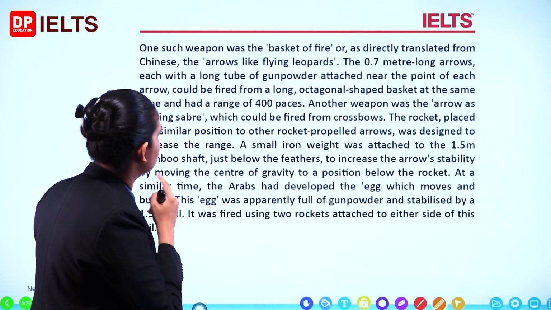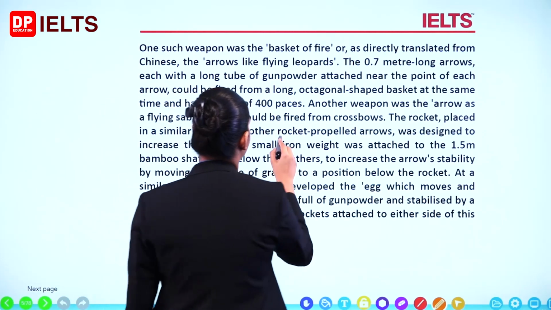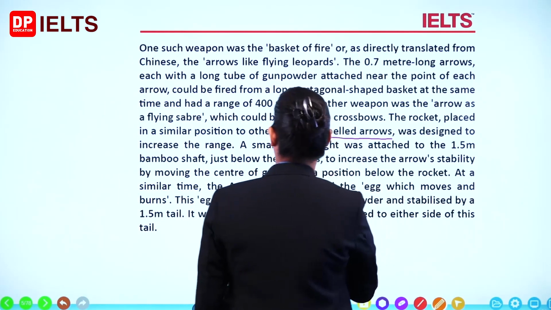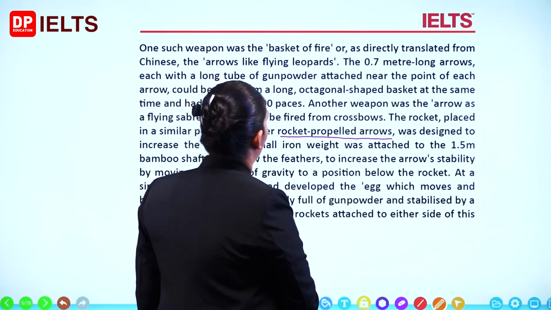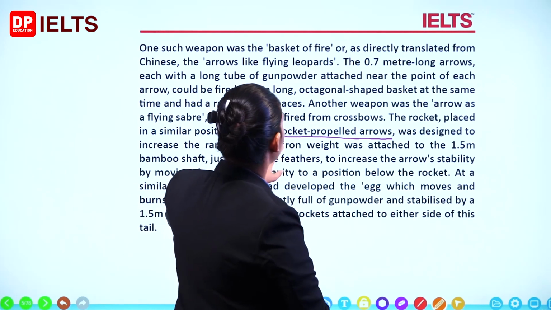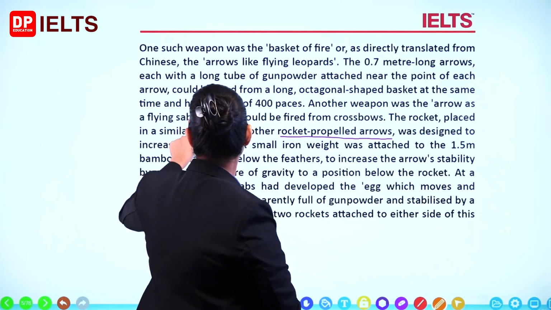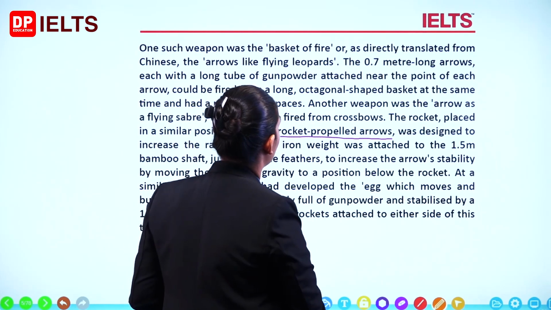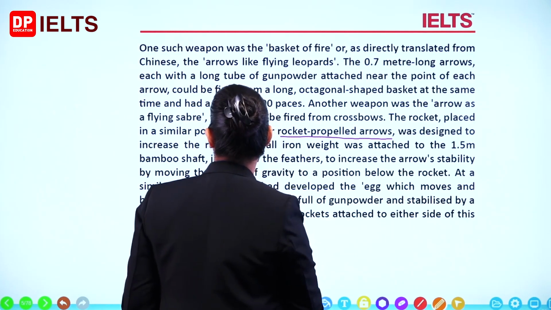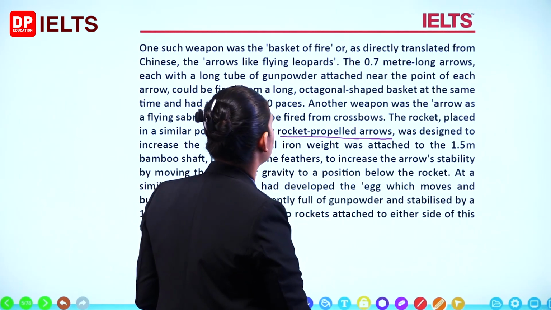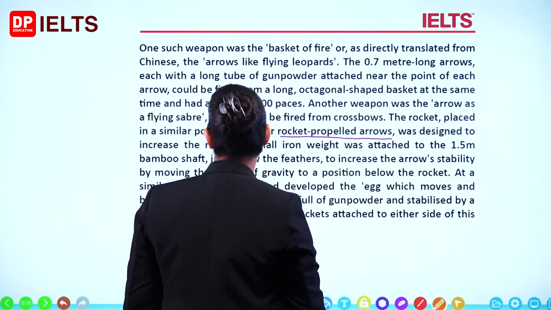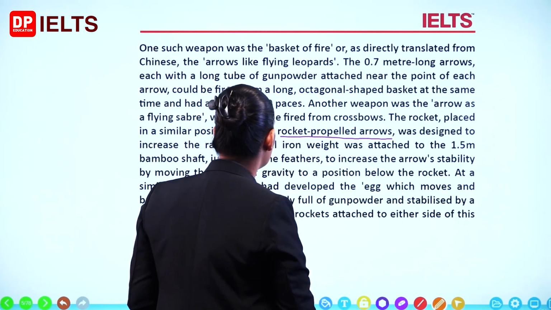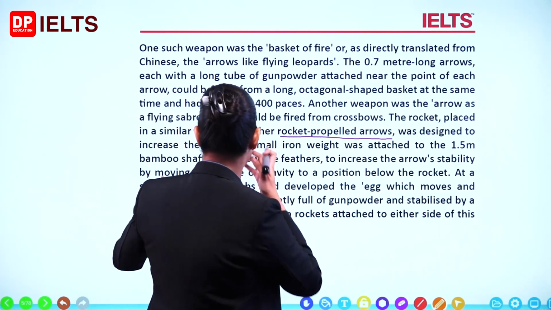We have to see. Here. So let's read. Another weapon was the arrows as flying sab, which could be fired from crossbows. The rocket placed in a similar position to other rocket-propelled arrows was designed to increase the range. A small iron weight that was attached to a bamboo shaft.